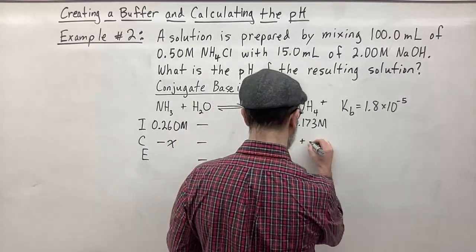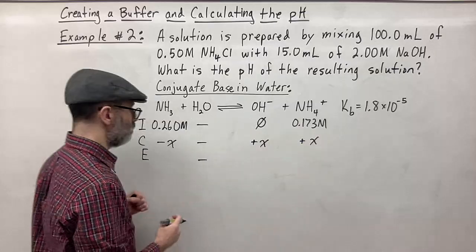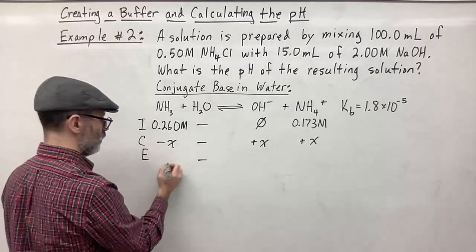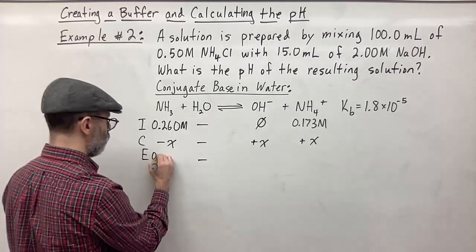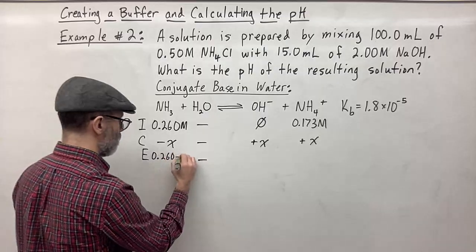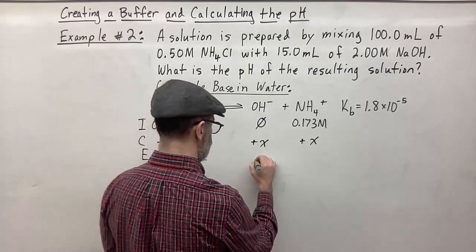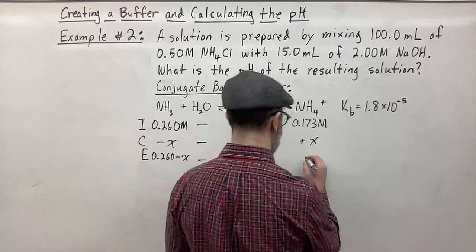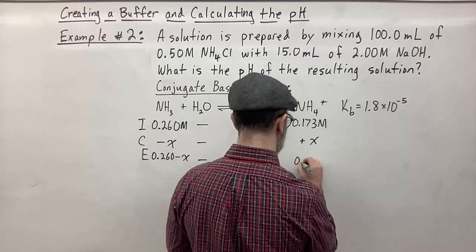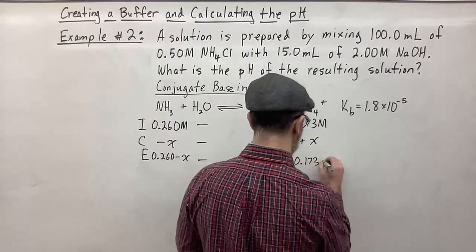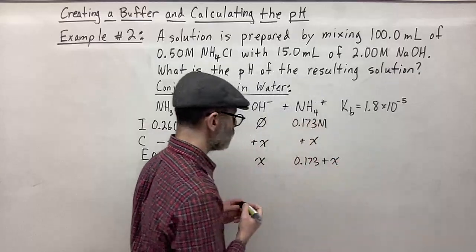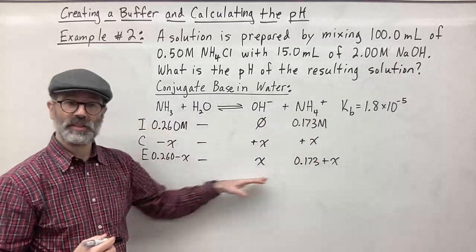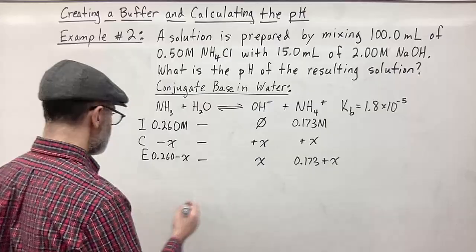And then we're going to gain an X amount here. When we figure this out, the equilibrium is going to be 0.260 minus X, this is just going to be X that we gained, and this is going to be 0.173 plus X.